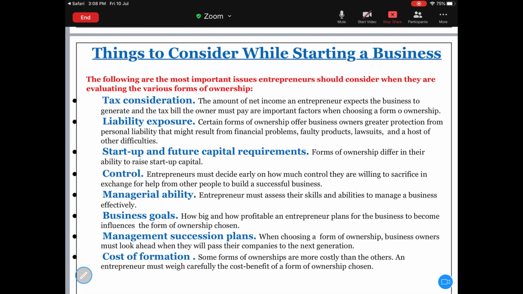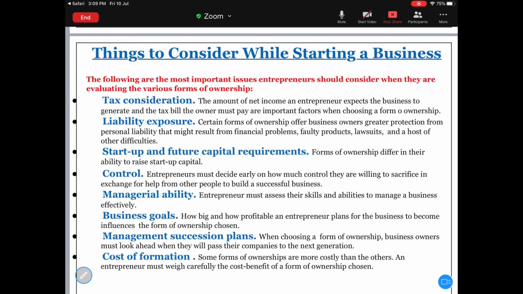Another important thing is startup and future capital requirements. Forms of ownership differ in their ability to raise startup capital. As we discussed earlier also, if you are in a business where you have to start a manufacturing unit, that manufacturing unit needs more capital than if you are starting a service unit.